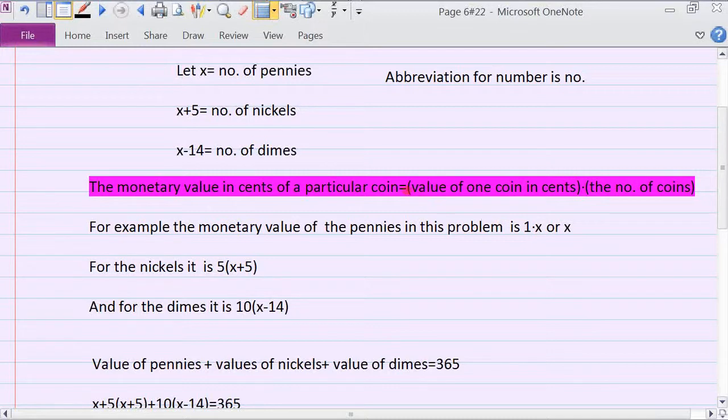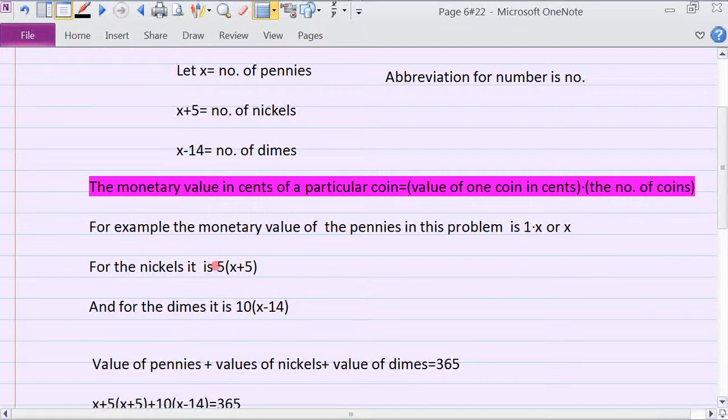In order to get the monetary value, I have to multiply the value of the individual coin times the number of coins that I have. So in the case of the penny, each coin is worth 1 cent, and X is the number, so the total is X. For example, if I had 5 pennies, I would multiply 1 times 5, and I would get 5. If I had 17 pennies, I would multiply 1 times 17, or 17.